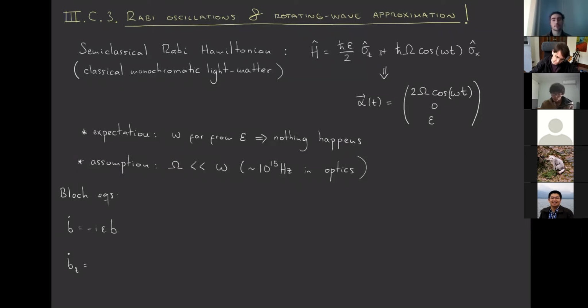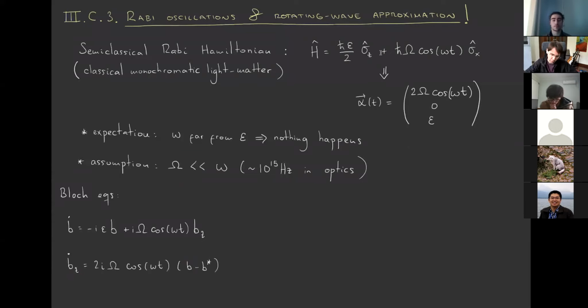But then we have to add the time-dependent part of the Hamiltonian, the light-matter interaction part, and we will get something like this: cosine of omega t, b set, and then in here, 2i omega cosine of omega t as well, and then b minus b star. So we see that the effect of this term, first of all, is coupling the evolution of b to b set and the evolution of b set to b.